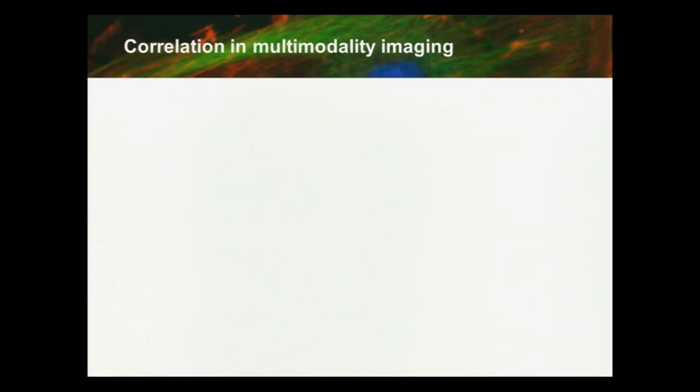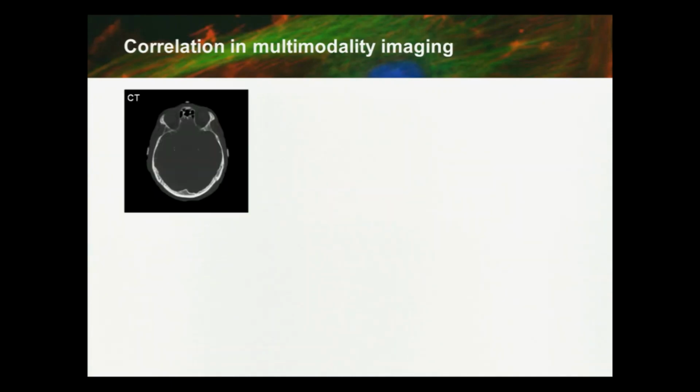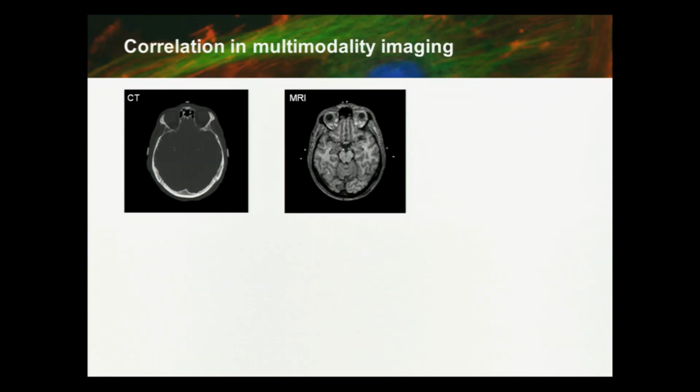So let's talk a little bit more about correlation and mutual information. If I have a CT image and an MR image, I told you when you want to use correlation, you better make sure that the intensity distributions are already more or less alike in the two images that you want to register. That's not really the case here.